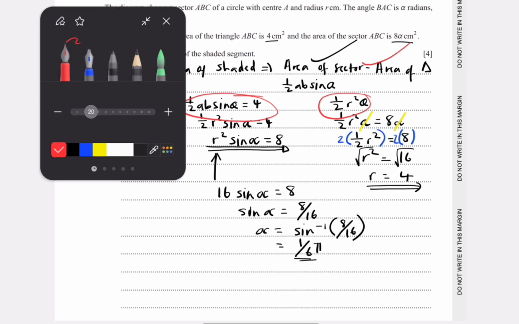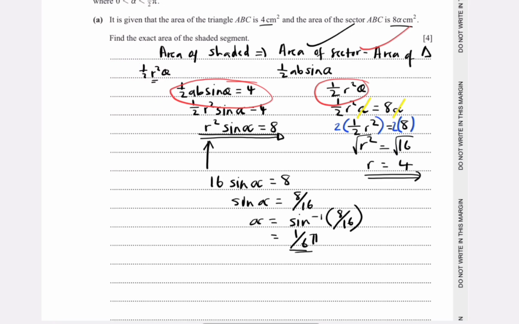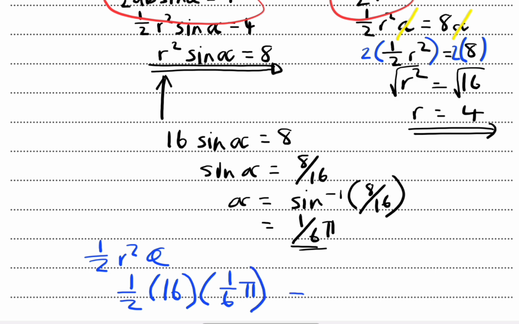So area of a sector, we said, is half r squared theta, right? So half r squared theta is half r squared, it's 4 squared, so it's 16, right? And our theta is 1 over 6 pi, right? Minus area of a triangle, which is half AB sine theta.